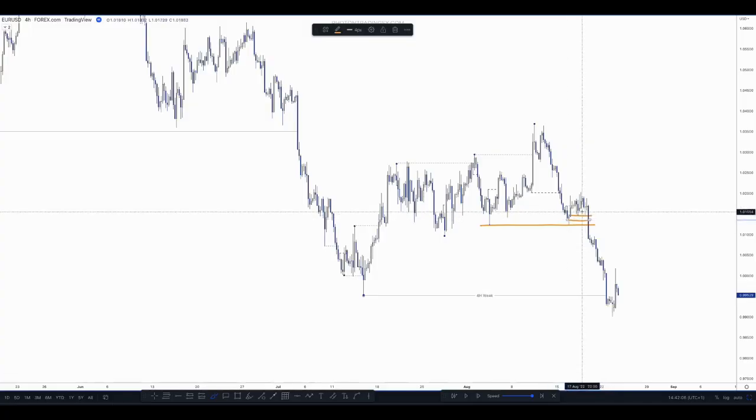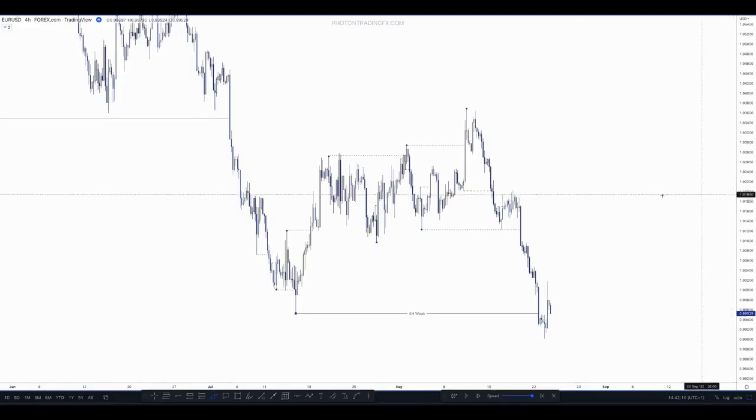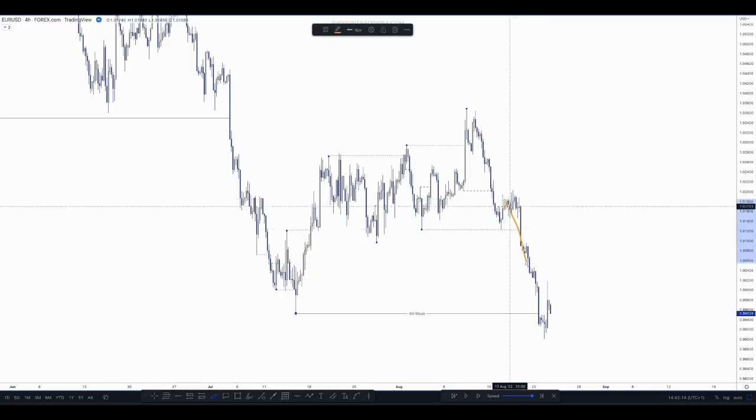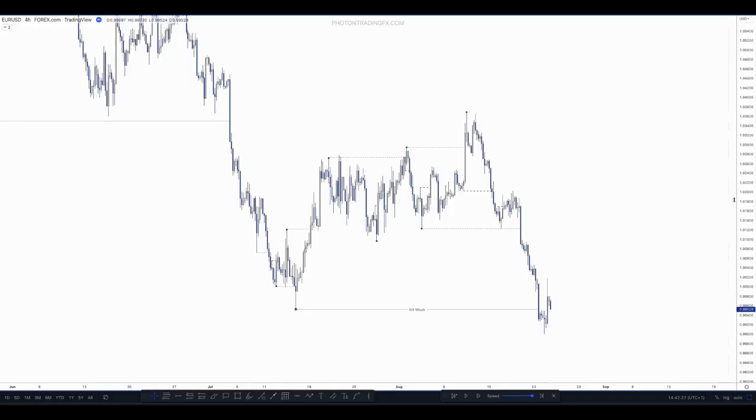So yes, I could see a trade here and it could play out, but I want to be a higher strike rate trader. I don't really want to risk my capital in these moves. So I'm just going to see what happens next. You're going to either wait for that to happen or wait for some more development, and then maybe now I'm ready to buy, and I'll buy up here. So again, just because you have the expectation that this should be a strong low and we've had a bullish change of character, it doesn't mean you have to trade it. That's one thing I wanted to make clear.